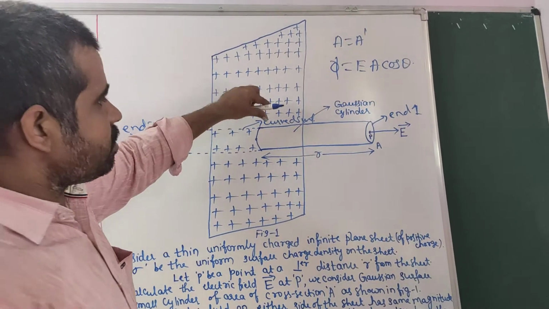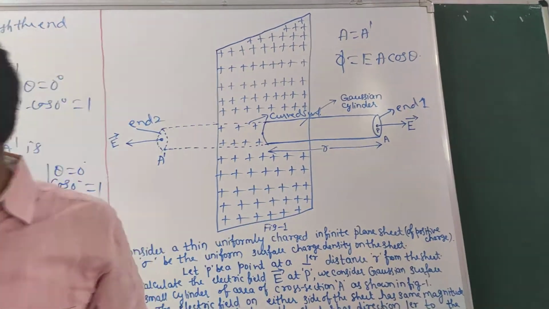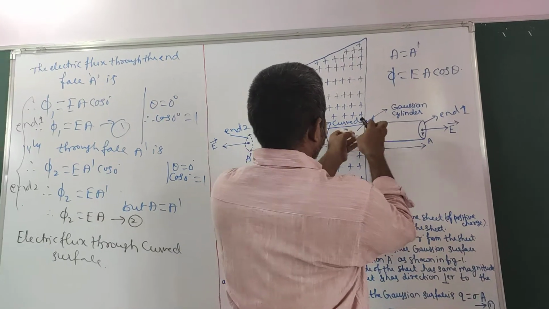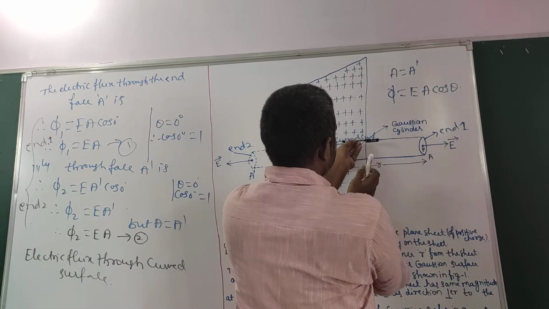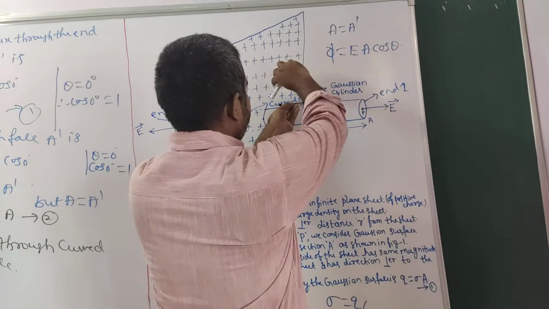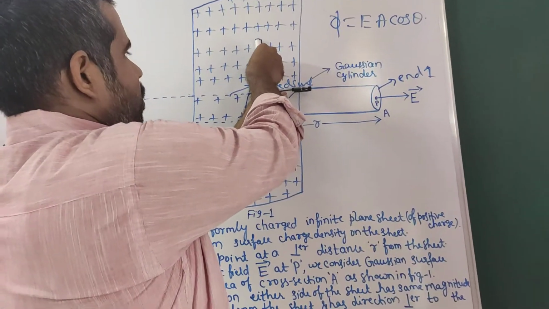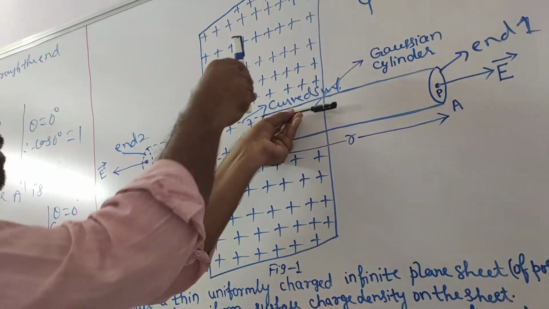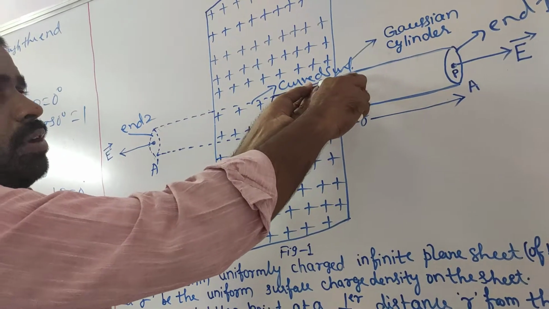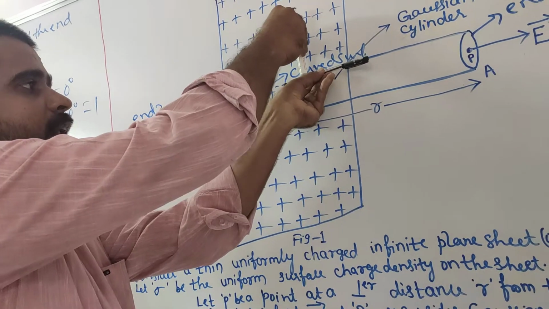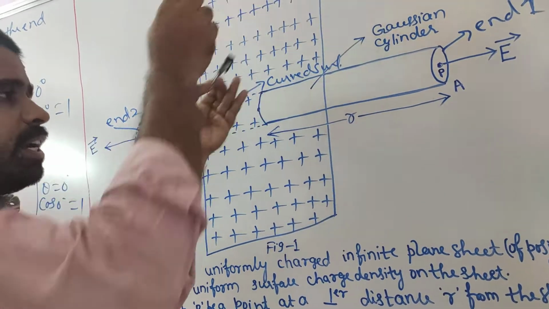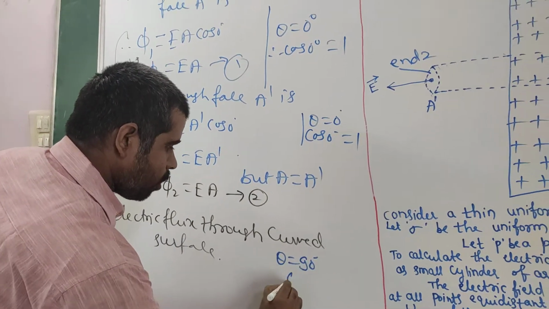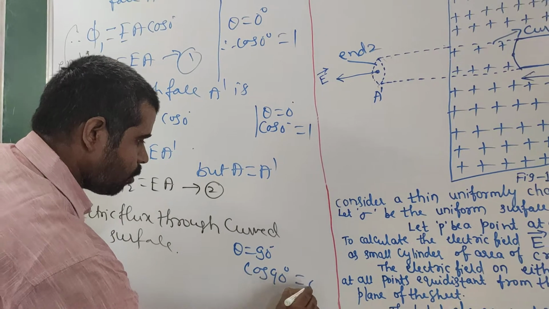Now at the curved surface, the direction of electric field is like this. The normal is like this, because theta is the angle made between the direction of electric field and the normal. This is the electric field, this is the normal. How are they? Perpendicular to each other. Theta value is 90, cos 90 degree is 0.